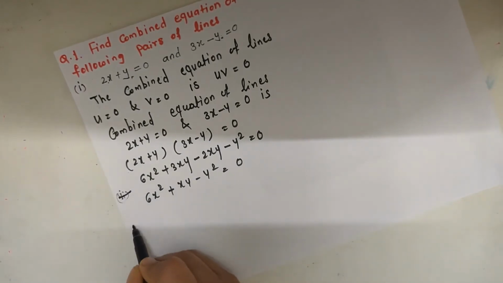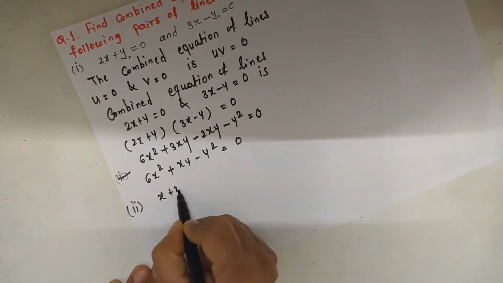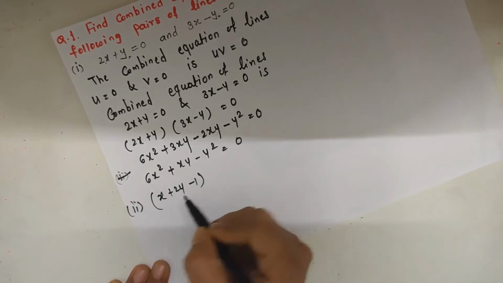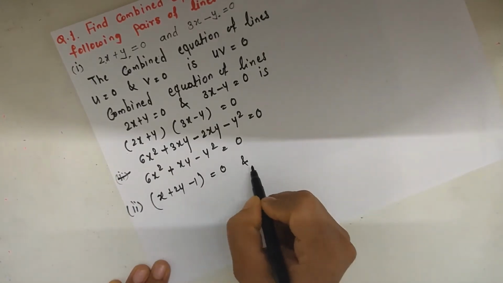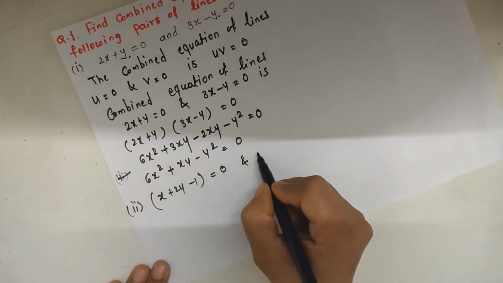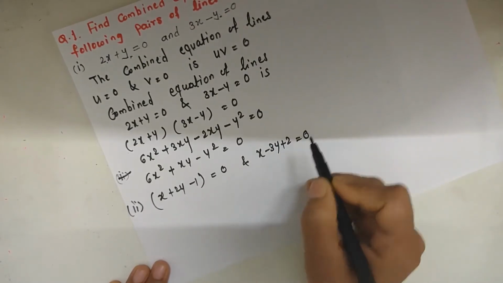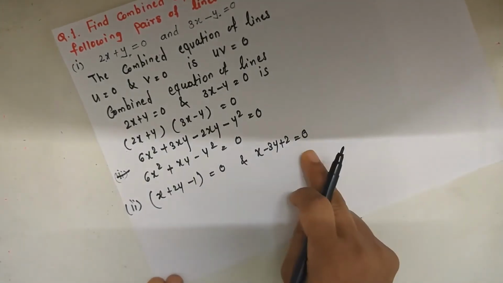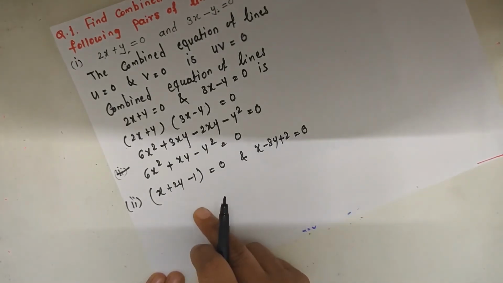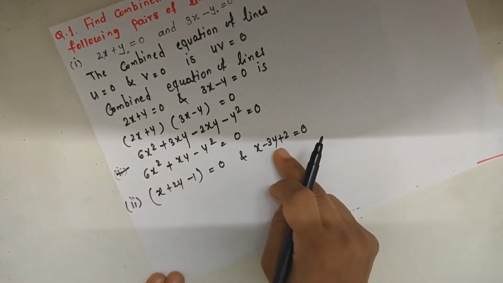Now the second example. x plus 2y minus 1 is the first line and x minus 3y plus 2 is equal to 0. Two lines are given and we have to find the combined equation of two lines.